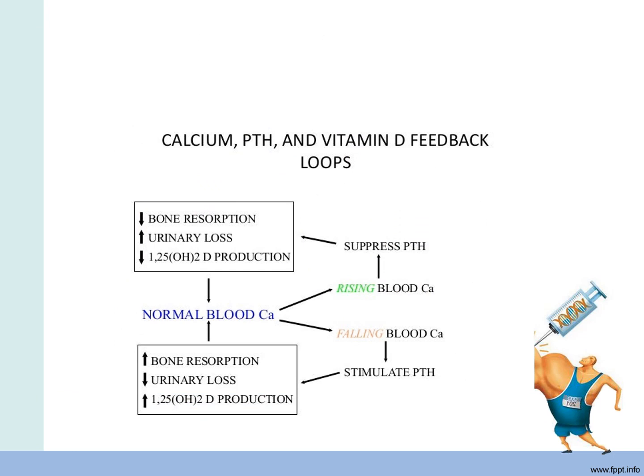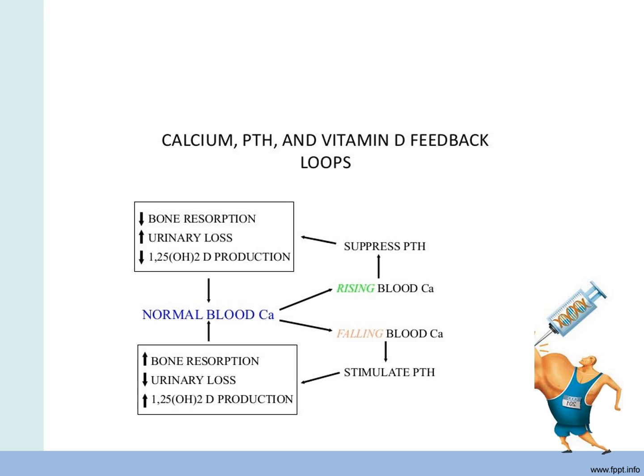One more picture here, or more of a diagram, not so much of a picture. So in the blue, in the center of the two rectangles, we have normal blood calcium. And then if we follow that to the right, we can see what happens if the blood calcium starts to rise. The PTH is suppressed, which helps decrease bone reabsorption, increase calcium urinary loss, and decrease the vitamin D3 or calcitriol production.